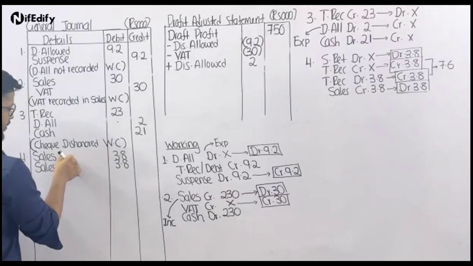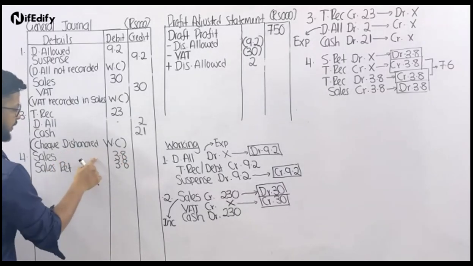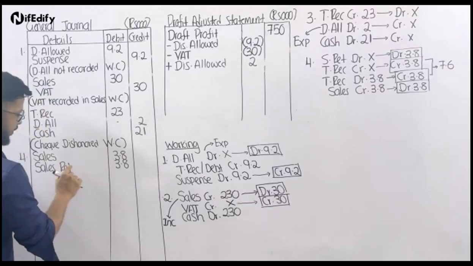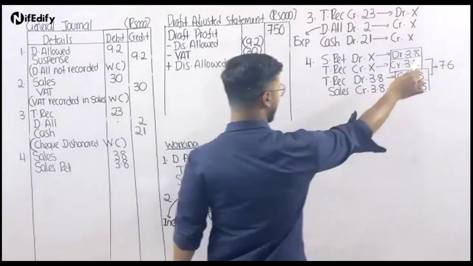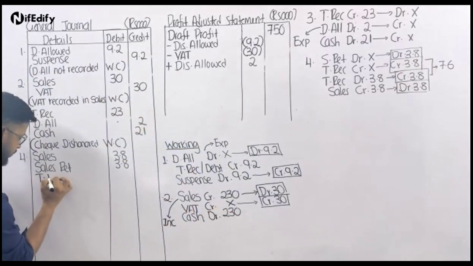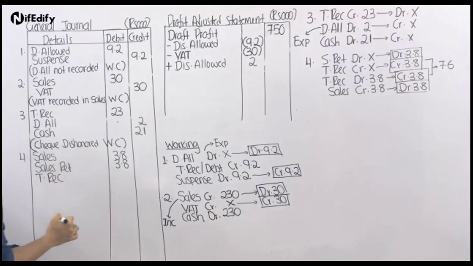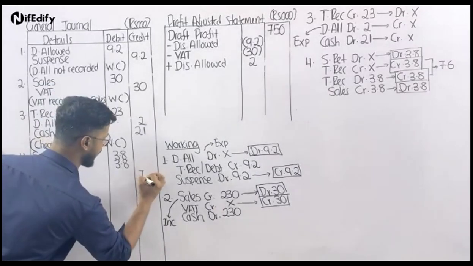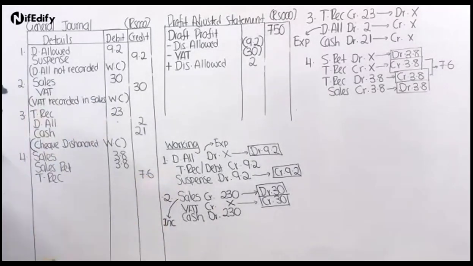So in the sales account, you debit 3.8 to remove the sales, and you need to enter that in the sales return account. Now in the trade receivable account, you should credit. How much are you going to credit? You're going to credit 7.6.